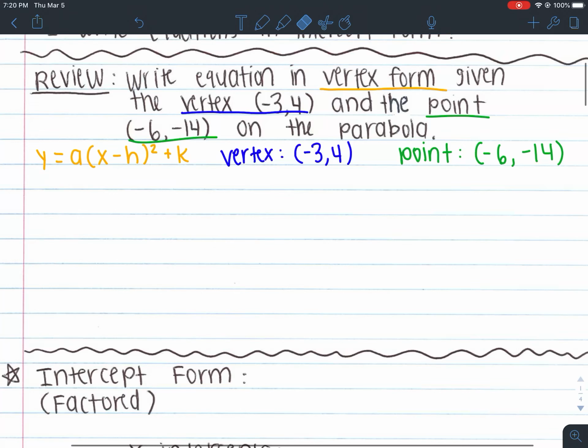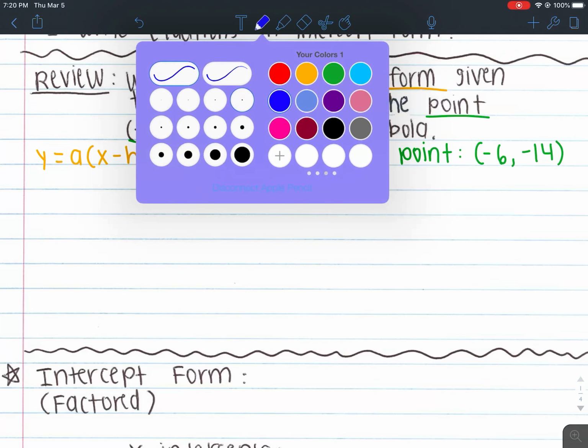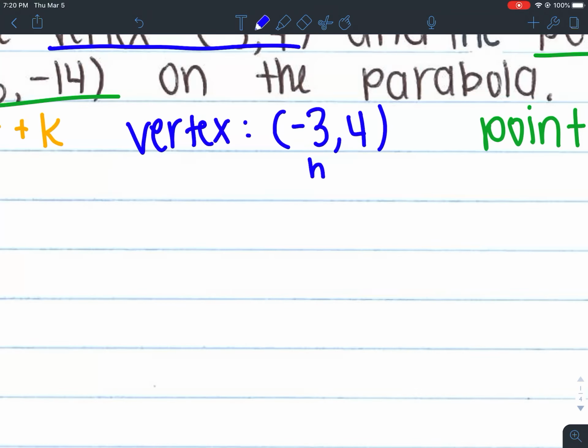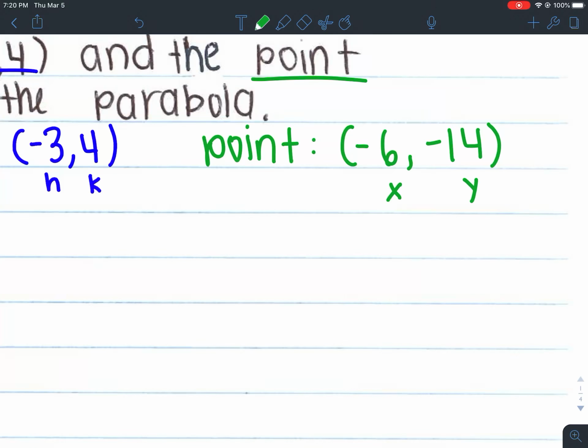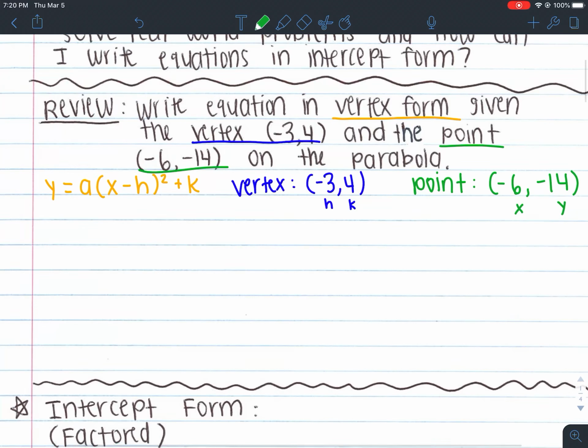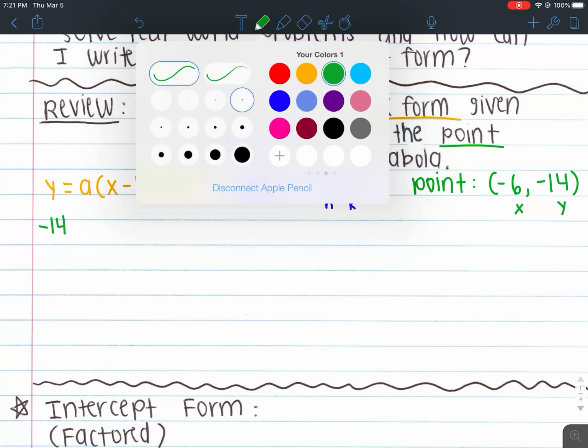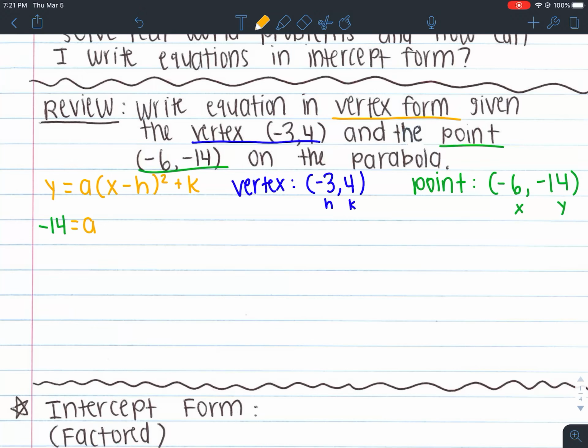So we're going to use the information that we have to solve this. Remember, vertex is h comma k, and a regular point is just x comma y. We're going to plug in the information we know. For the y value, I'm going to plug in -14, equals a, and the reason why I still have a is because I don't know what a is yet and I need to solve for it.